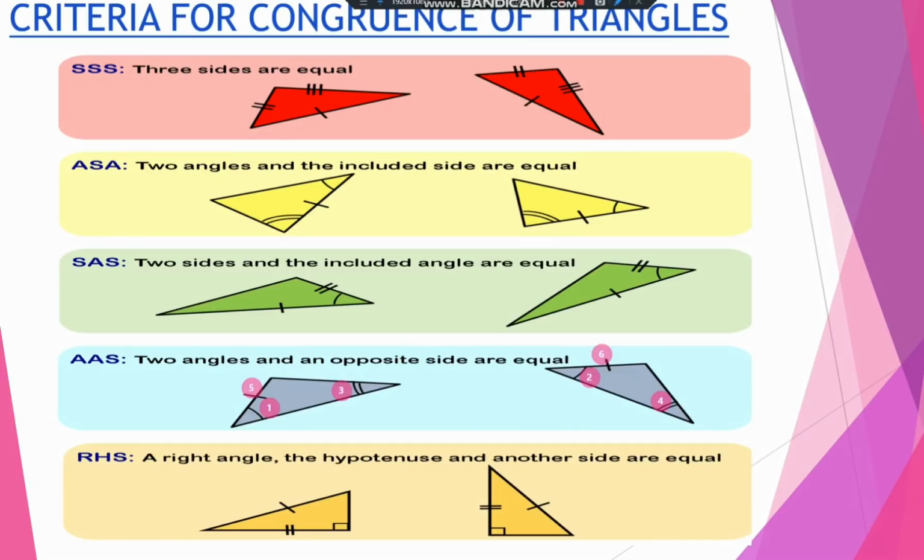So we count this way, side, angle, and then the side. So it is A, and then again A, and then the S, AAS. So it has to be in sequence, first two A's and then the S. So here also it should be in the same sequence, A, then A, and then the S. We can't skip, we can't take one A here and then another A here, and then take S as this side.